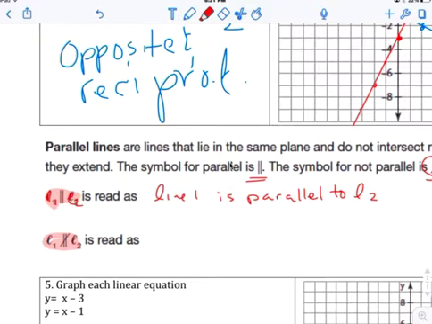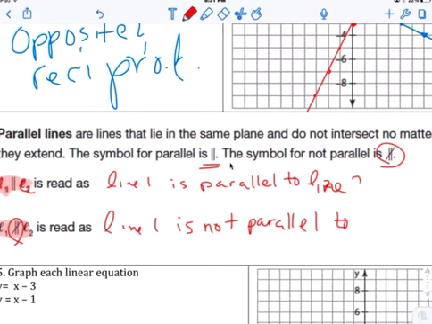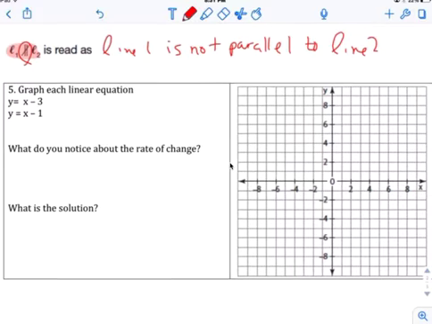Okay, and this reads as not parallel. Line 1 is not parallel to line 2. Okay. And then you graph it, and you'll see the lines are parallel.